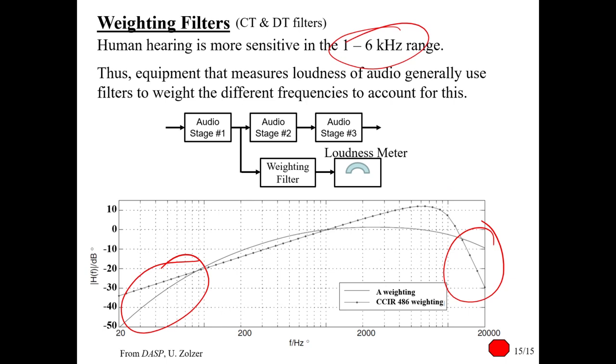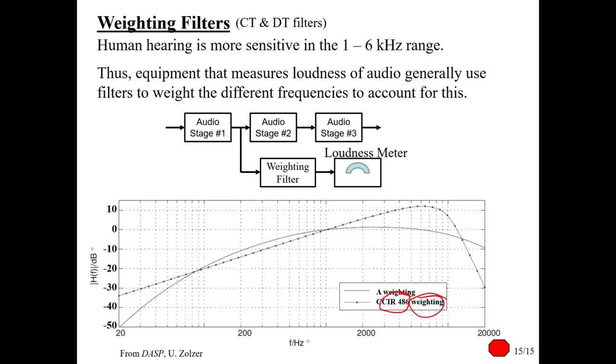And here are 2 classic ones. So there are standards that set different weighting filters. You don't have to design your own, and these things are agreed upon. So there's one called the A weighting, and there's one called the CCIR 486 weighting. CCIR is just a standards organization that has established this particular standard for measuring loudness.